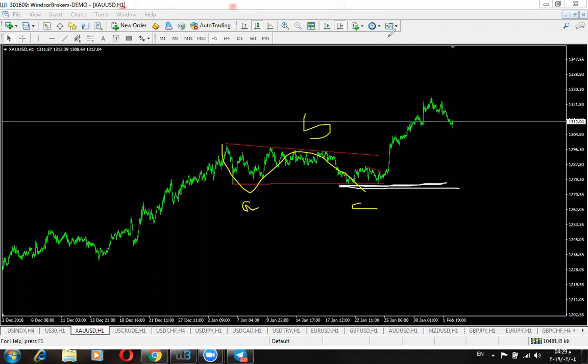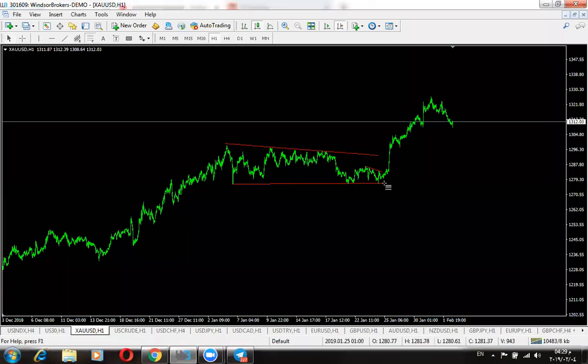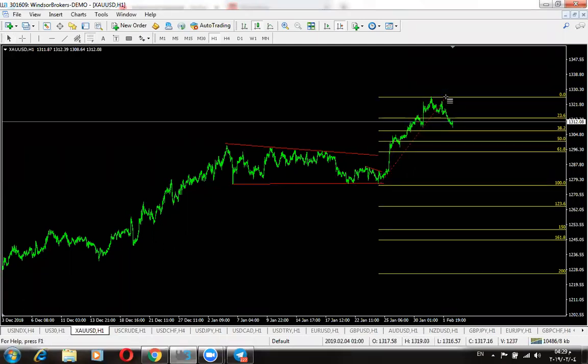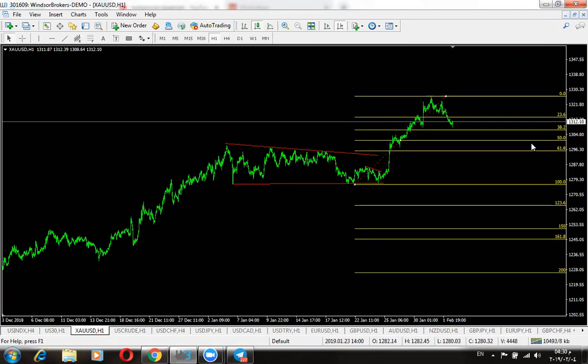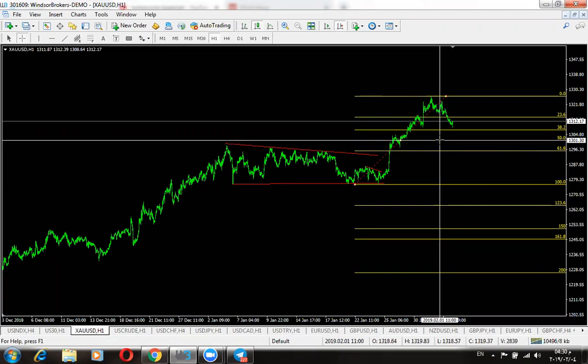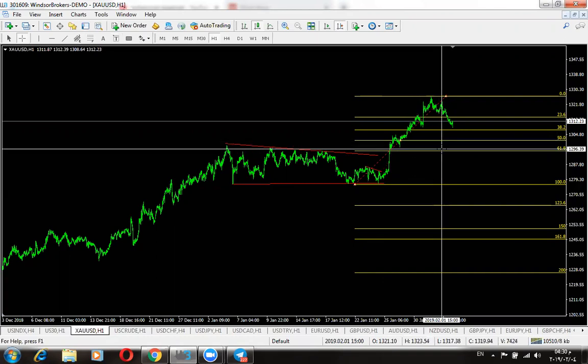So again, if you insist on taking a short position regarding gold, you can also use Fibonacci ratio and Fibonacci lines to enter and exit your trades. I think the price is going to retrace between 50 and 61.8, around 1,300 and 1,295.